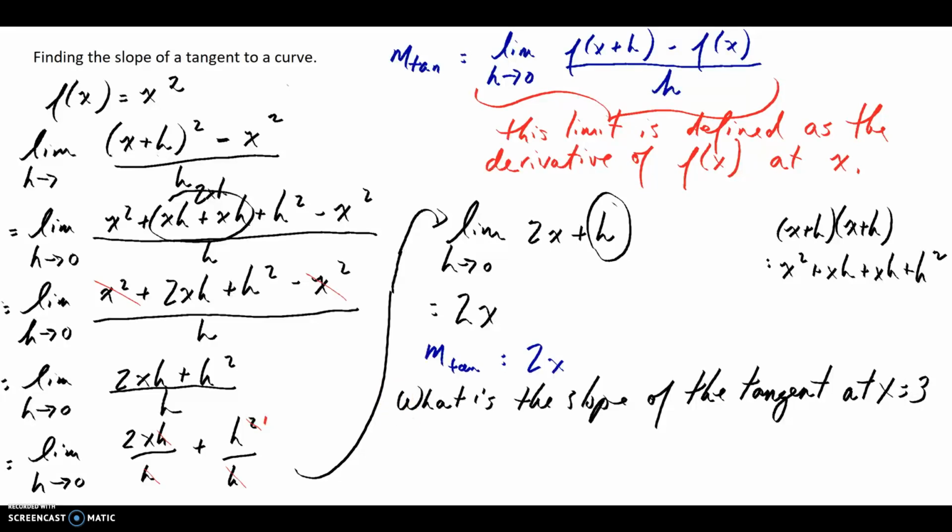Well, we find that by figuring out m tan at x equals 3, which is equal to 2 times 3, subbing in a 3 for our x, and that equals 6. So at x equals 3, the slope of the tangent equals 6. And there's an example for you for finding the slope of a tangent to a curve. I hope that was helpful.